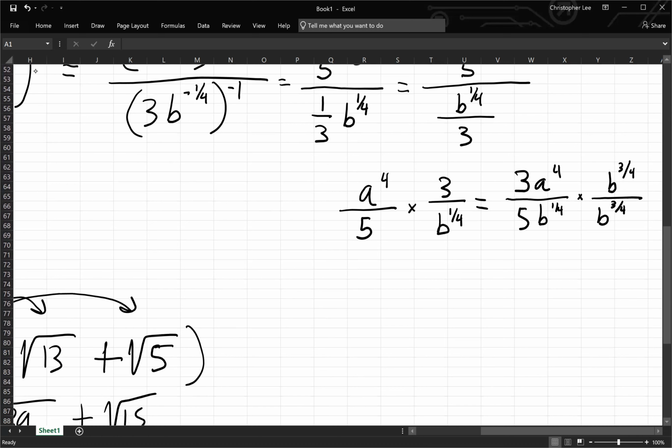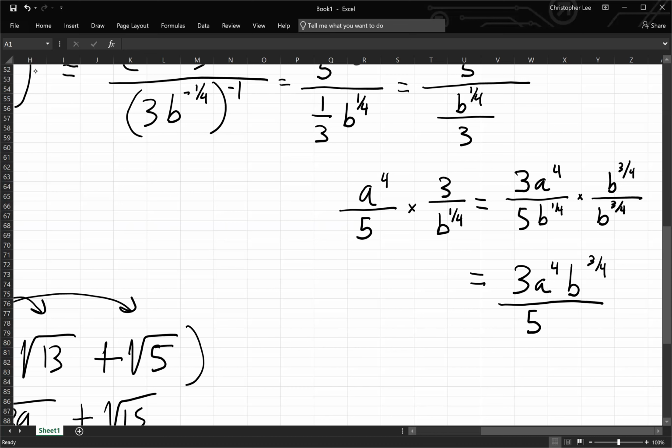So now we're going to multiply them straight across. When I multiply them straight across, what do I get? I get 3 a to the 4, b to the 3 over 4 power over, this is just the 5 right there, that doesn't change. b to the 1 over 4 times b to the 3 over 4.